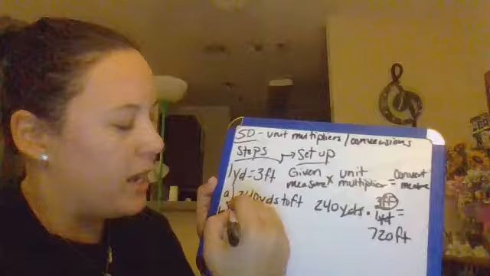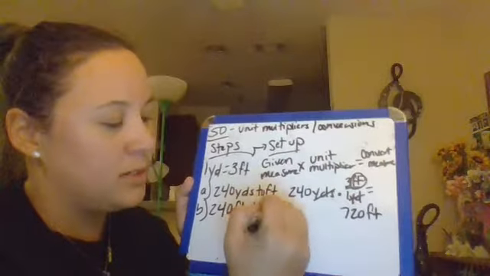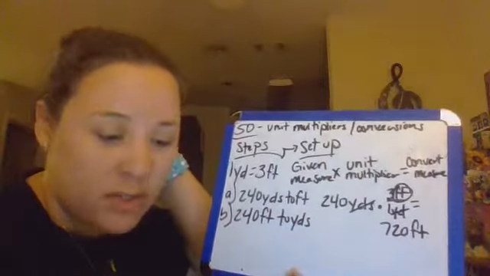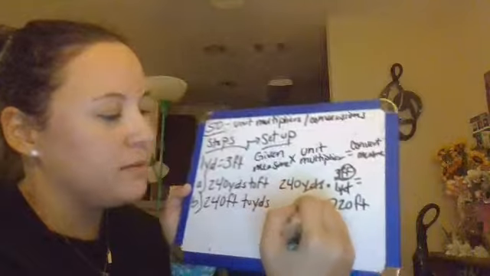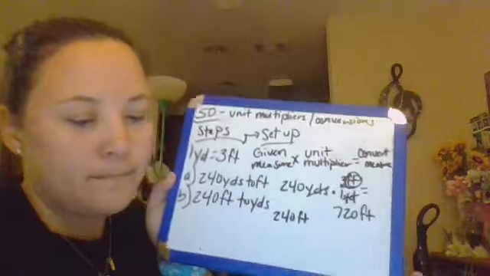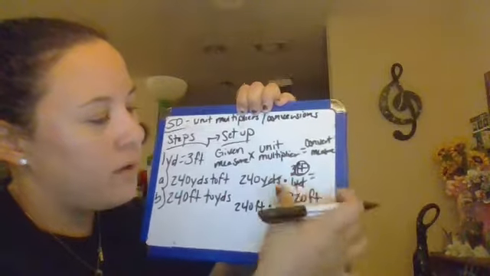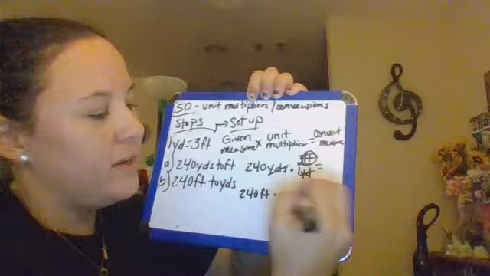Right, so we're going to try going 240 feet to yards. So now instead of yards to feet, we're going feet to yards. So we know our given measure is 240 feet. And then this time we're going from feet to yards. So our feet is going to be on the bottom.